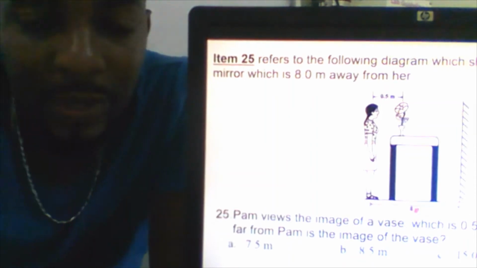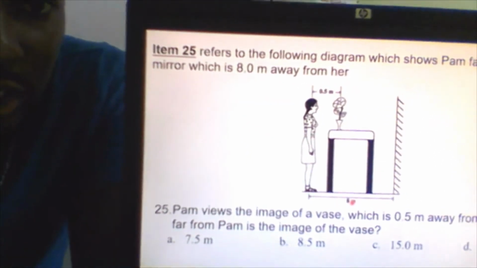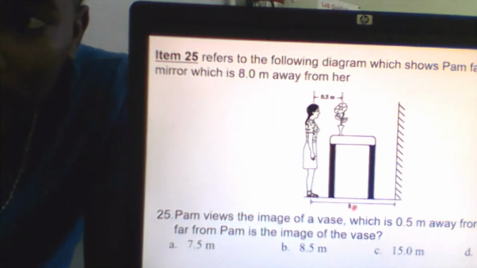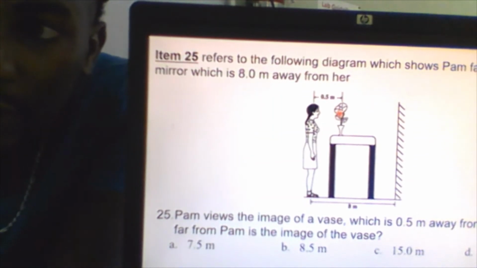In this diagram, it's a plane mirror, right? So the image formed is an equal distance behind the mirror as the object is in front of the mirror. Good. So if the object is 7.5 meters in front of the mirror, it means that the image is also 7.5 meters behind the mirror.